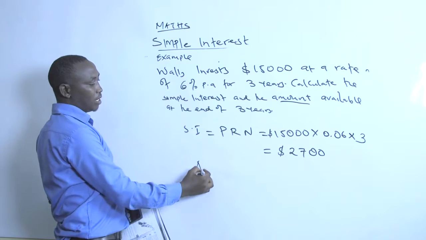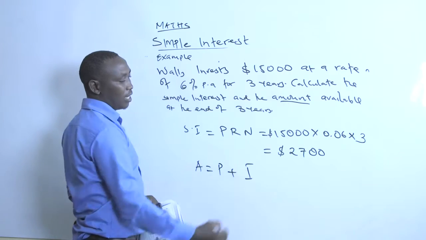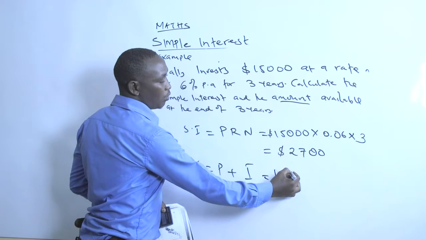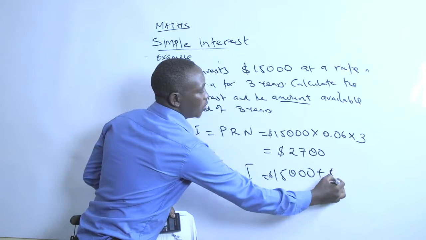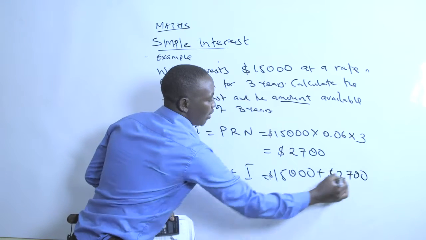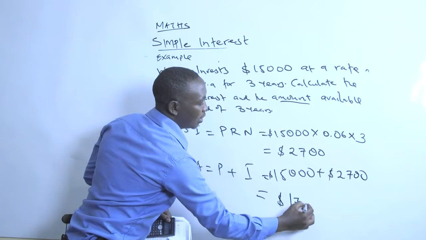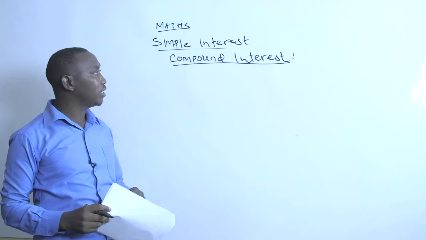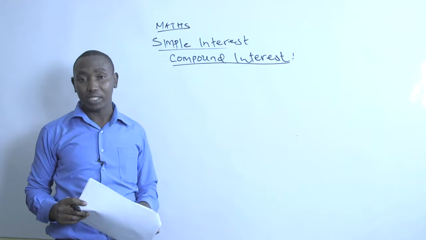We said amount is normally given by the principal added to the interest obtained, and in this case our principal was $15,000. When added to $2,700, we'll have a total of $17,700.